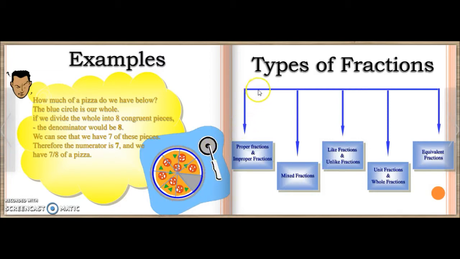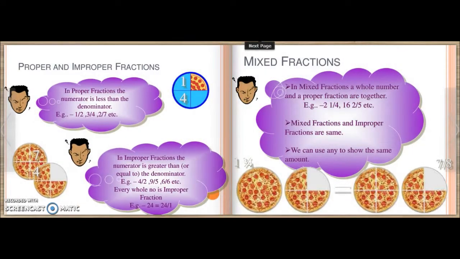Next are the types of fractions. Fractions are divided into 5 parts, which are proper fractions and improper fractions, mixed fractions, like fractions and unlike fractions, unit fractions and whole fractions, and equivalent fractions. The first one, proper and improper fractions.